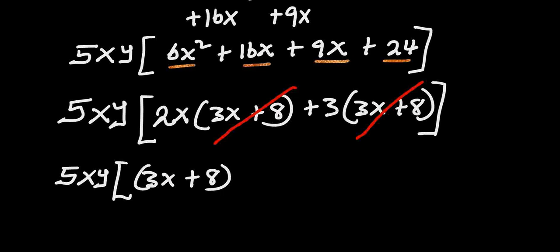We have just 2x plus 3 left. So just put that in parentheses, 2x plus 3. Good.